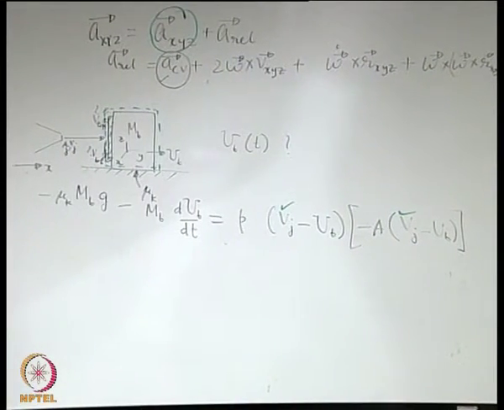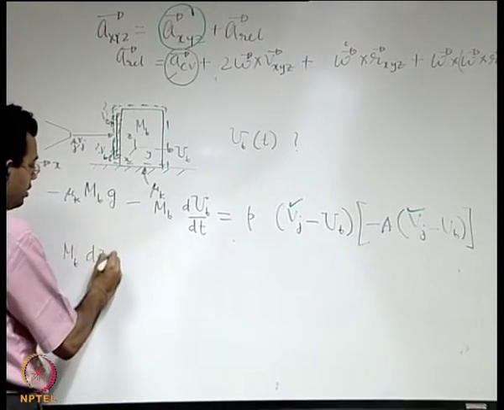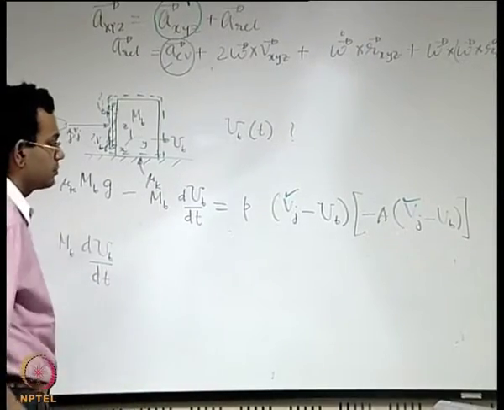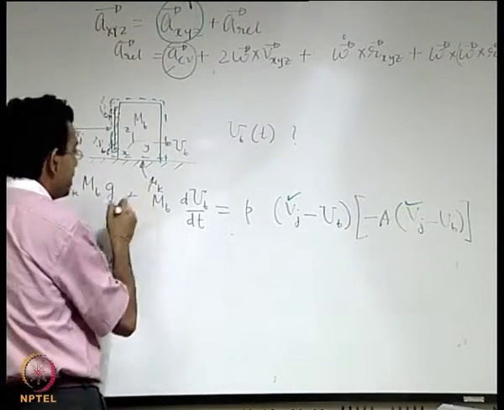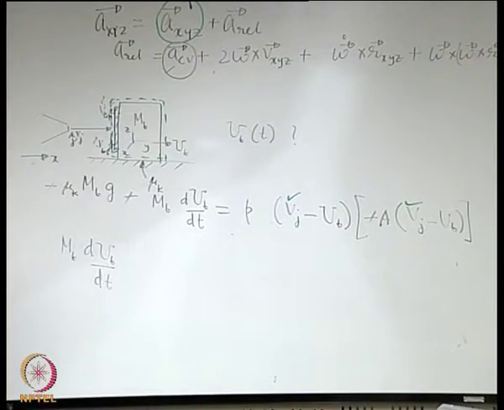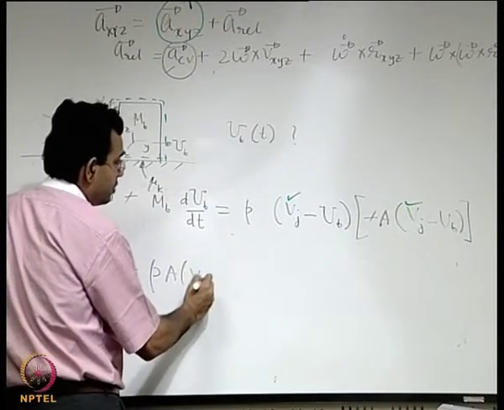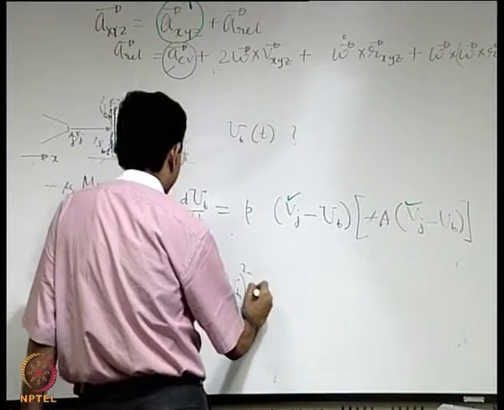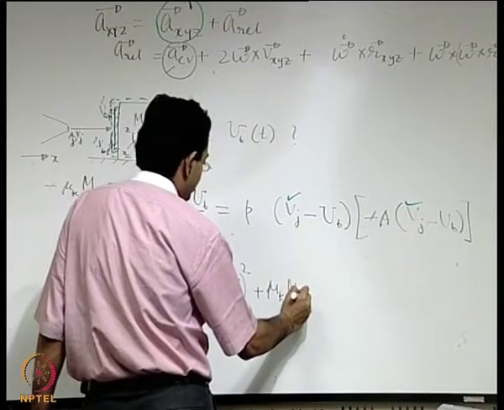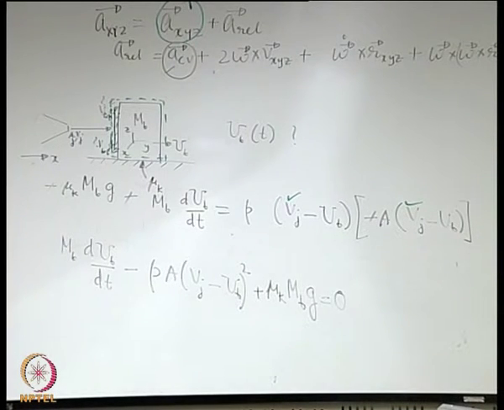What you have here is mb d ub dt, if you cancel all the minus signs on both sides, minus rho A (Vj minus Ub) squared plus mu k mg, that is equal to 0, keeping in mind that at time equal to 0 you have Ub equal to 0.